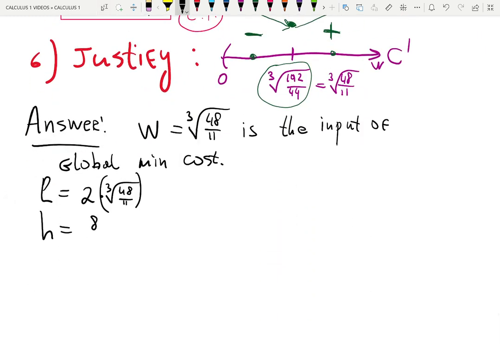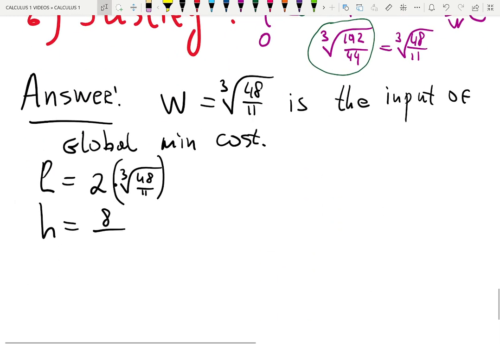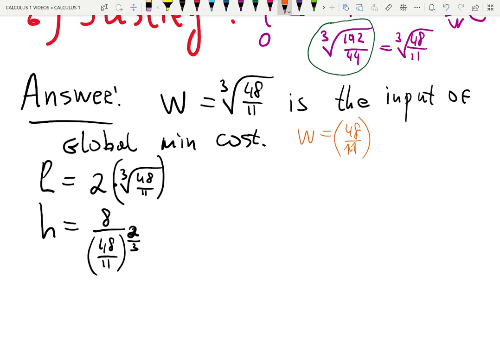So it's going to be 8 over 48 over 11 raised to the 2/3. It was cube root, and now it's squared, because you can always write down w as 48 over 11 raised to the 1/3. So if it's squared, it's 2/3.